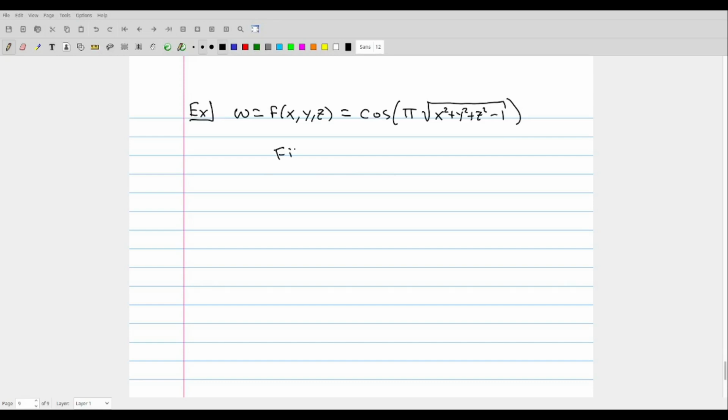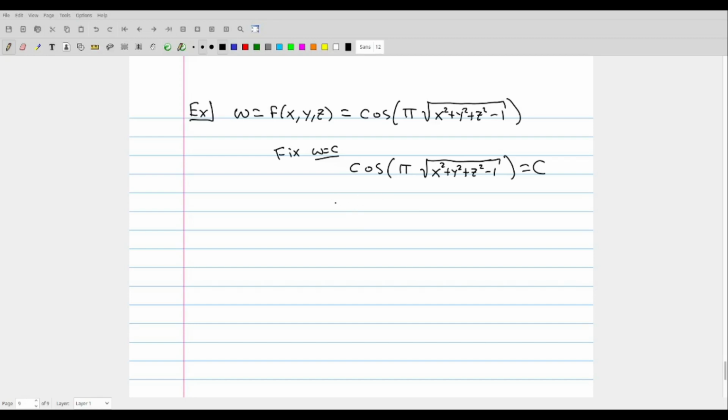So to find the level surfaces, we fix w equals c, and then we look at the equation that we have here, which is cosine of pi times the square root of x squared plus y squared plus z squared minus 1 equals this fixed value of c.